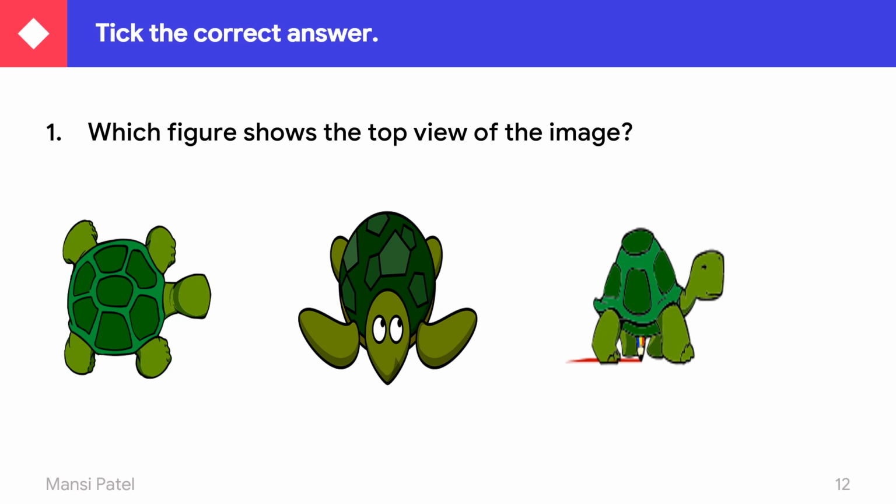This is the picture of a crocodile. So which figure shows the top view of the crocodile? See, the first figure shows the top view. The second figure shows the front view, and the third figure shows the side view. So what is the answer? First figure.